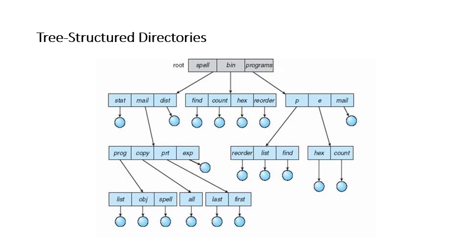Suppose in the tree directory structure you want to access this file, then what will be the path? Start from the root, then spell, then mail, then PRT. Each points to the next directory, and the last is the file. So this is the path.